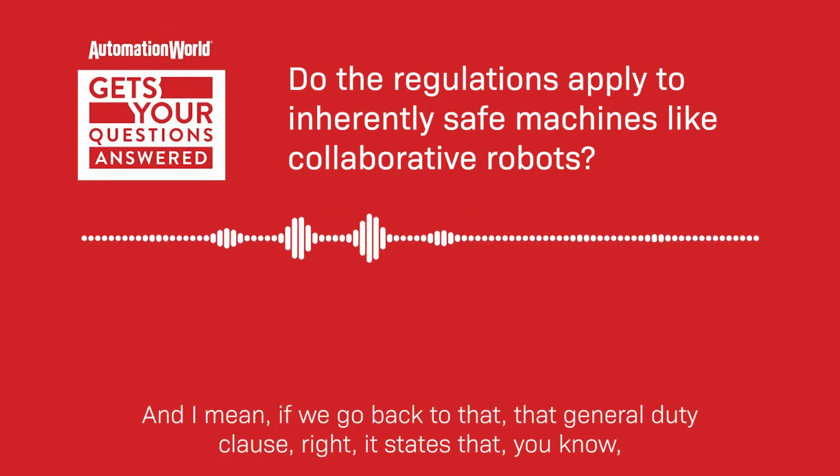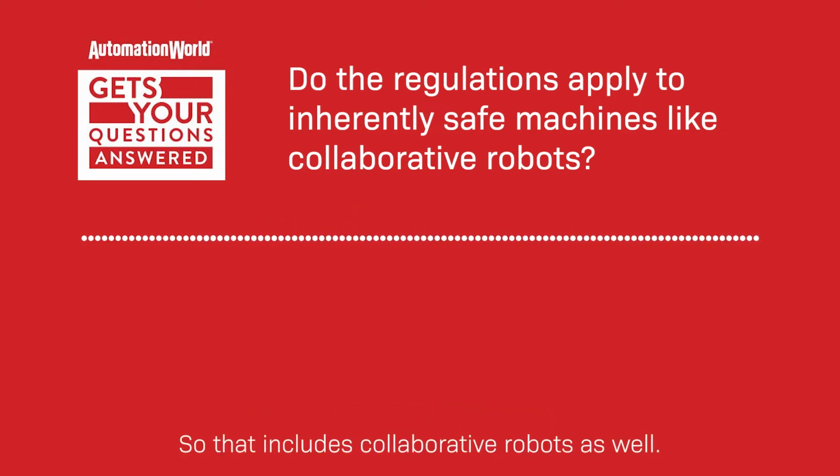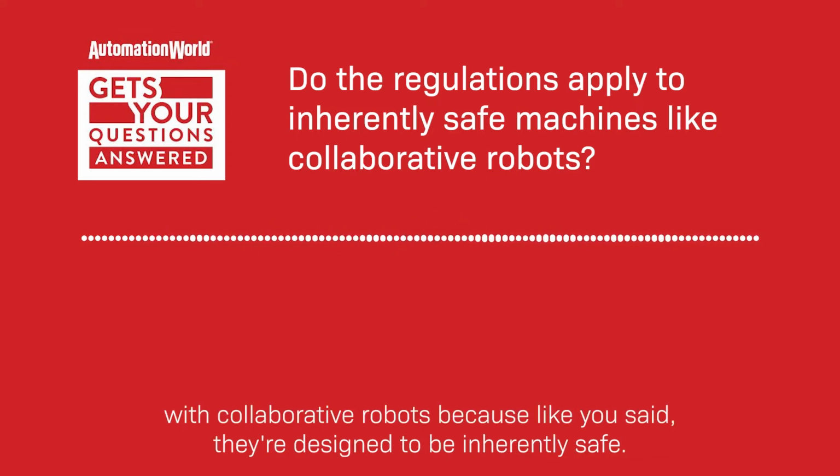And if you go back to that general duty clause, it states that the employer shall make sure that you have a safe working environment. So that includes collaborative robots as well. And again, I see a misconception with collaborative robots because, like you said, they're designed to be inherently safe.